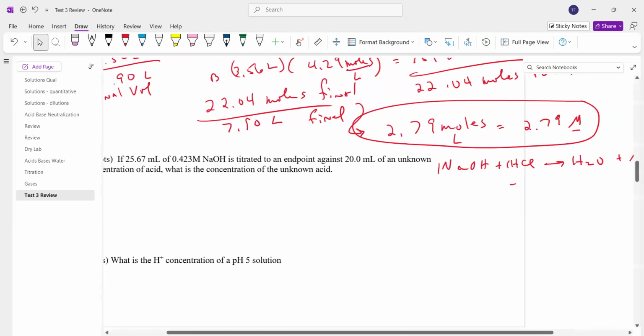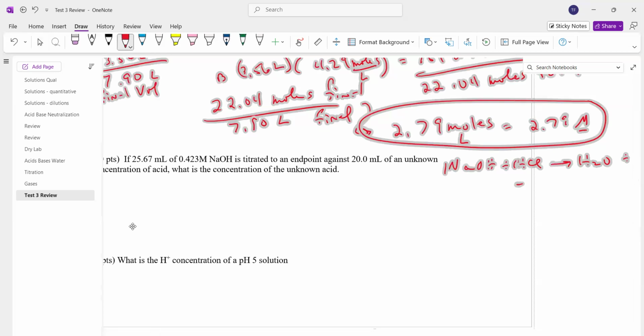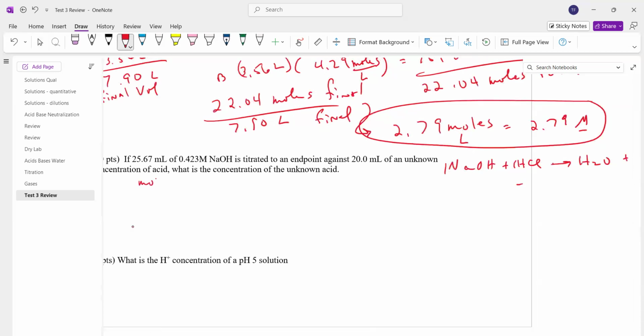So look at moles of sodium hydroxide first. Then we're going to have moles of acid. After we reach the endpoint from the indicator, when the indicator turns pink, we're at pH 7.